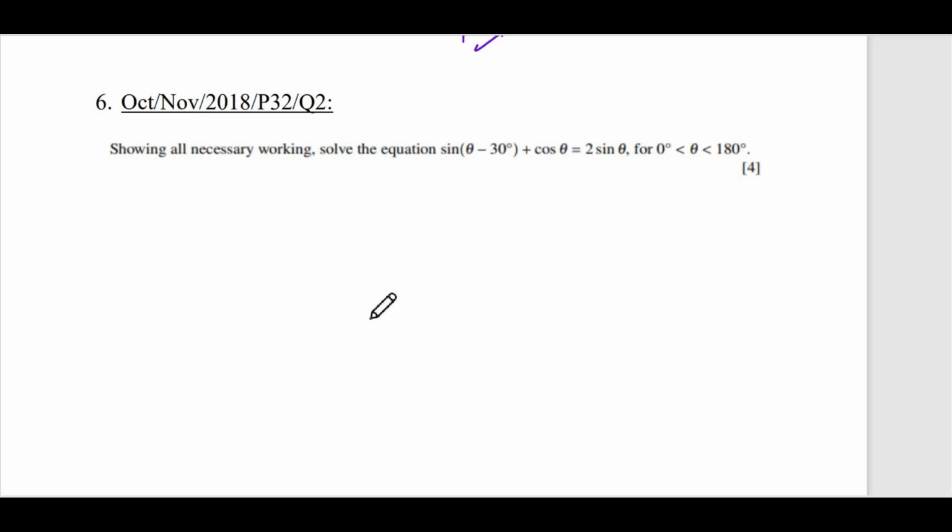Now this one is: solve the equation. Now how can we solve it? We can use the identity.